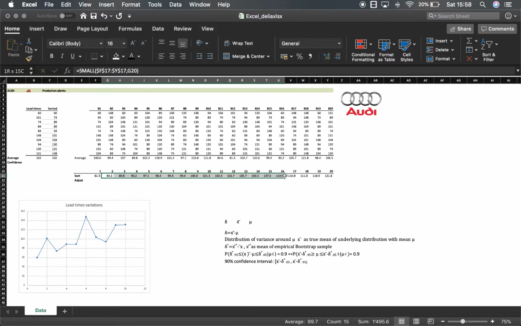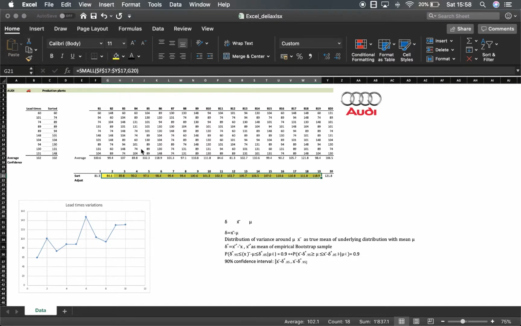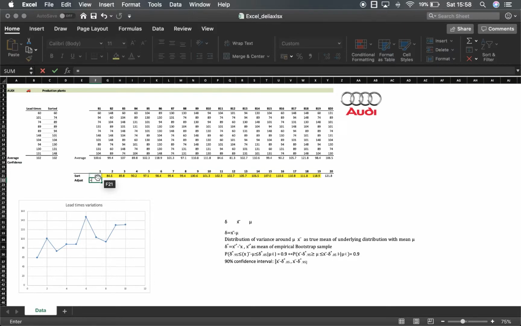So far, we have computed the x bars for each bootstrap sample and sorted them. We now need to select 90% of these collected averages. In our case, this corresponds to 18 values. We therefore highlight the necessary 18 values. Now we have to calculate delta for every single bootstrap sample, which corresponds to the adjusted value.